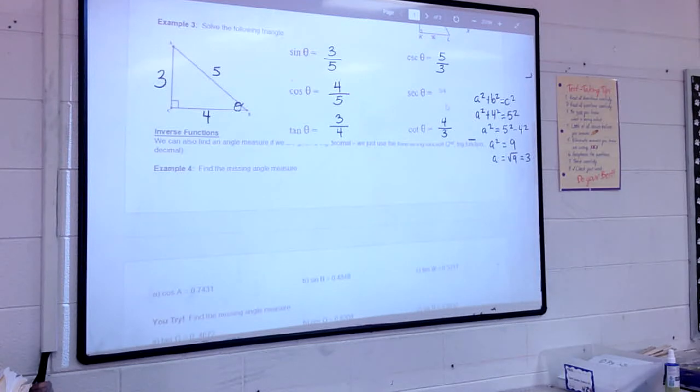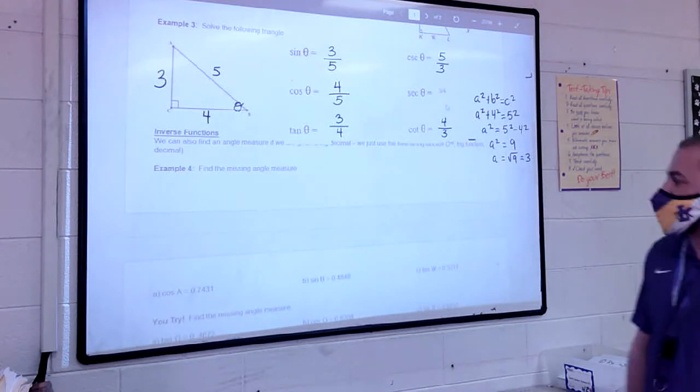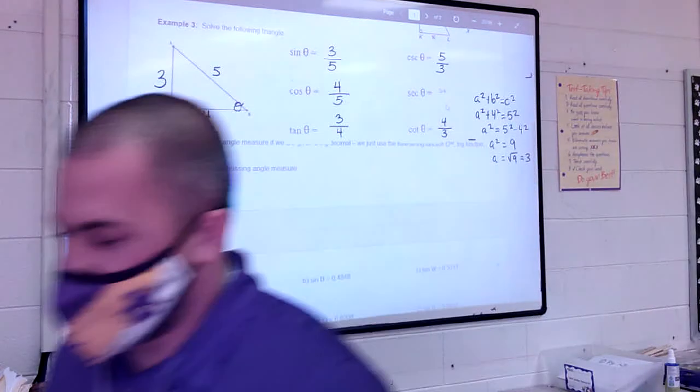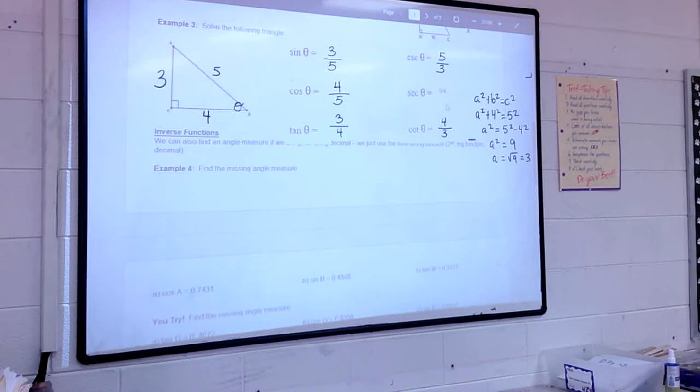Cosine is 4/5, that's 0.8. Tangent is 3/4, that is 0.75. Cosecant is 5/3, that would be like 1.6667, something like that. Secant is 5/4, that's 1.25. And then cotangent is 4/3, that's 1.3333 as you go through there.